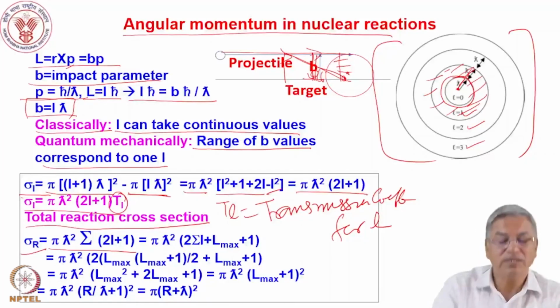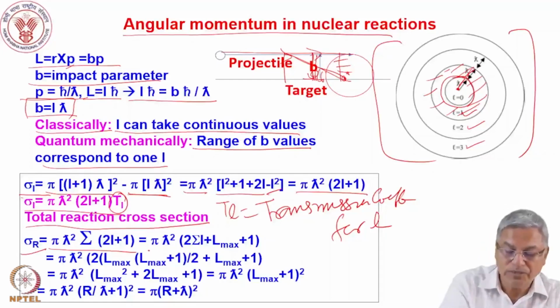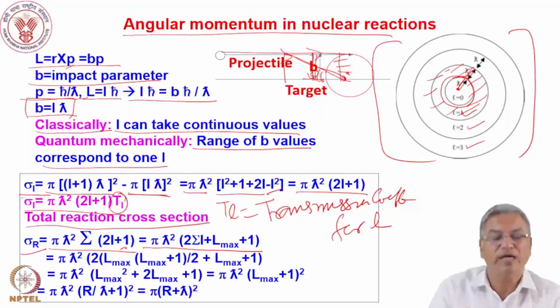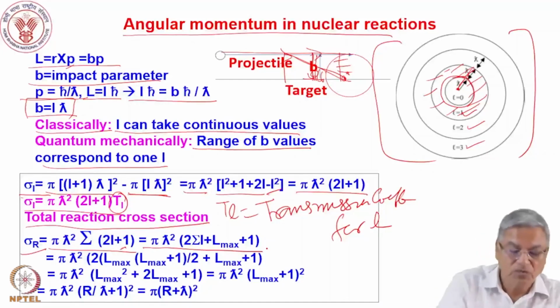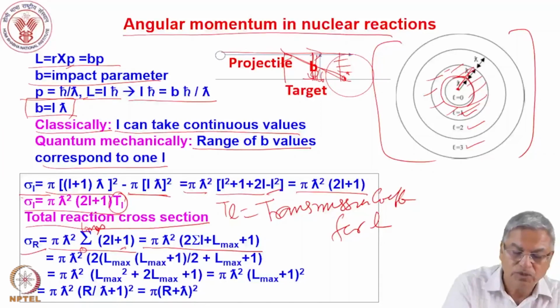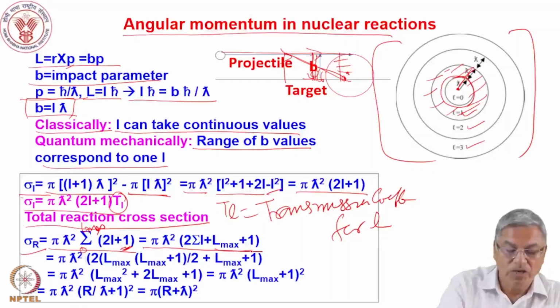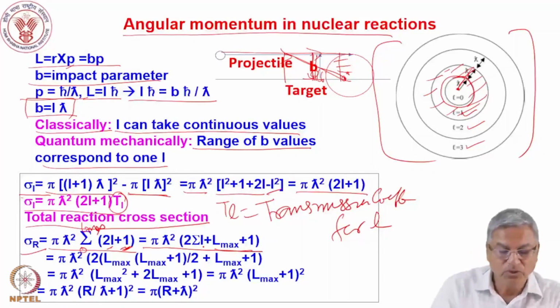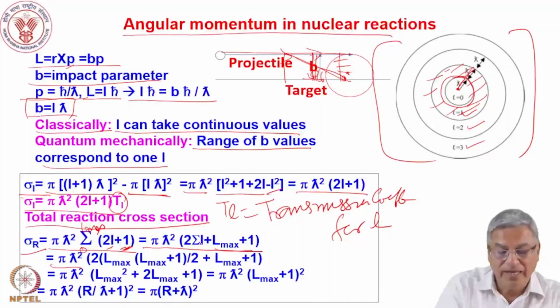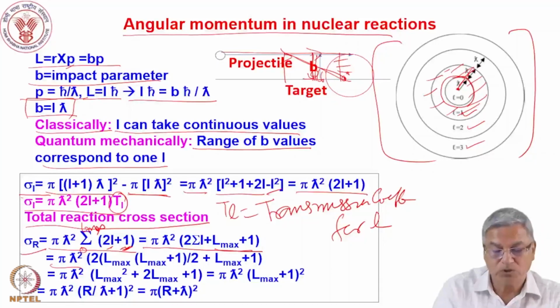Let us forget about the T_L value for the moment. Summation over n from 0 to L max of 1 will be L max plus 1, since when we sum 1 that many times it becomes L max plus 1. When you sum L, you get 2 times the summation of L. So we can write this as π λ-bar square; the summation of L will be n(n+1)/2.